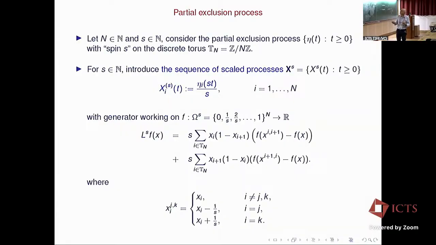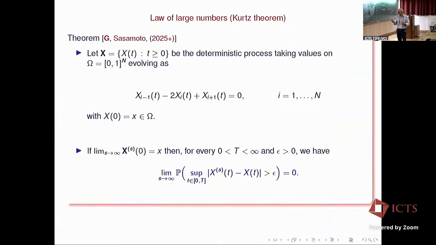If we have eta, the partial exclusion process, now we speed up time by s and we divide by s the state space. So the generator of this scaled process moves mass not by 1, but by 1 over s. Okay? And the law of large numbers for this scaled process takes the following form.